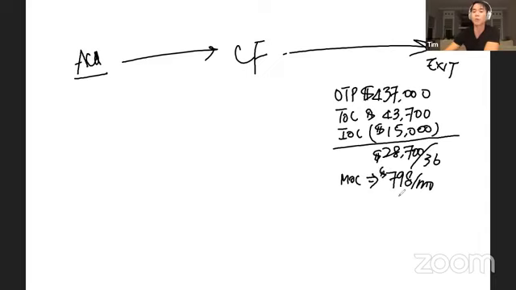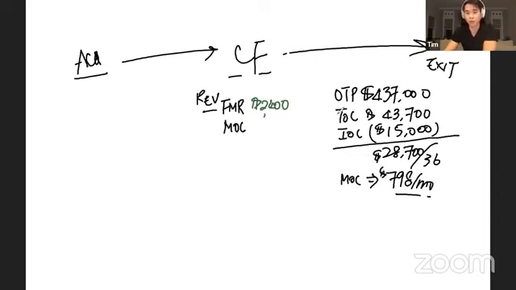Okay. So once we know this, what happens now from a cash flow standpoint, because this is one of the reasons why we love this strategy so much, is because the monthly revenue portion actually has two different components. The first one is fair market rent, and the second component is monthly option consideration. Earlier we did say, based on the property value and the market that it's in, there is an estimate of $2,400.